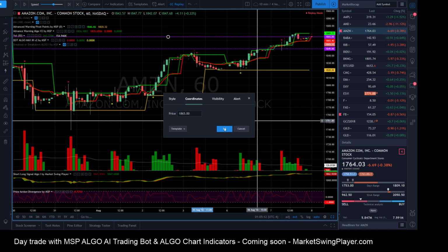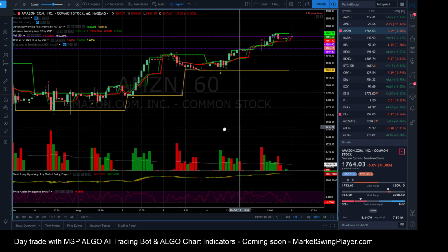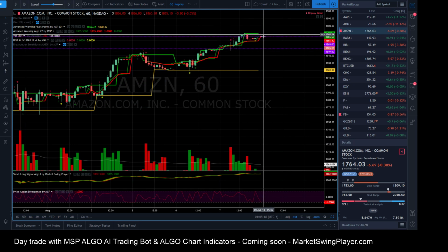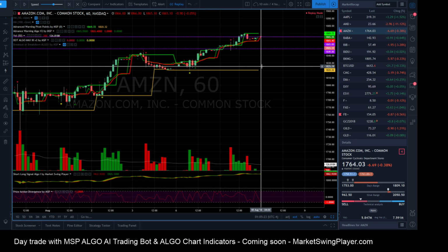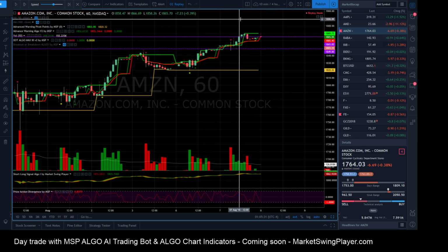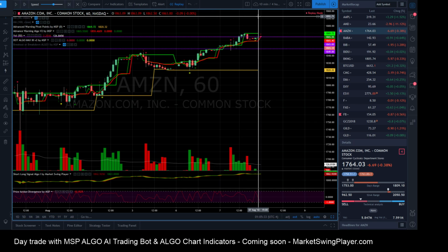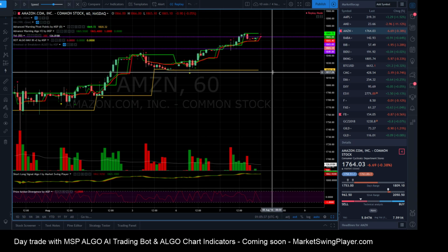So as we can see, this is 4 a.m. The market just opened up. Normally the cheat sheet doesn't come out until 8:30, so let's go and forward this to 8:30 a.m. Eastern Standard Time.